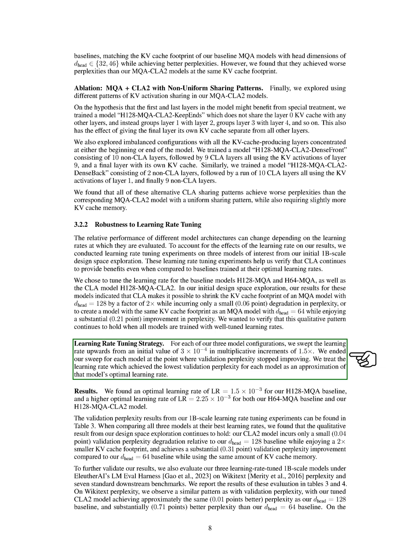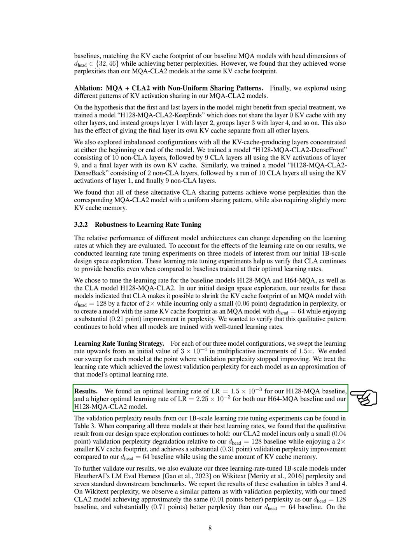To determine the optimal learning rates for our models, we gradually increased the learning rate until the validation perplexity no longer improved. We found that the optimal learning rate was 1.5 times 10⁻³ for H128 MQA and 2.25 times 10⁻³ for both H64 MQA and H128 MQA CLA2 models.